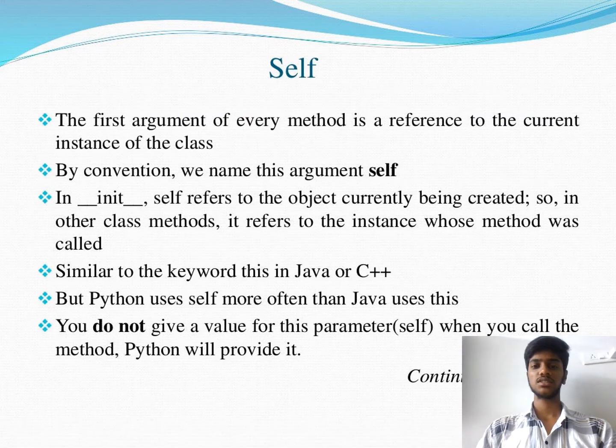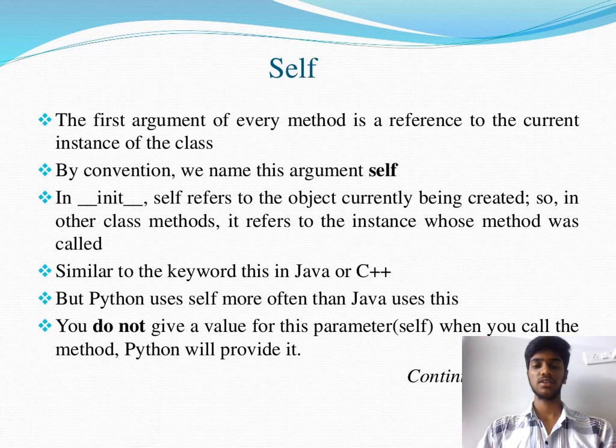Self, the first argument of every method, is a reference to the current instance of the class. By convention, we name this argument self. In __init__, self refers to the object currently being created. So in other class methods, it refers to the instance whose method was called.